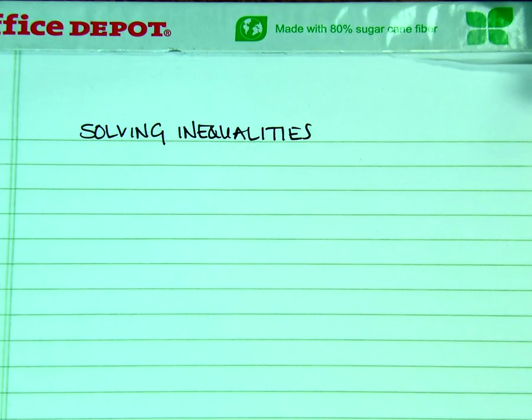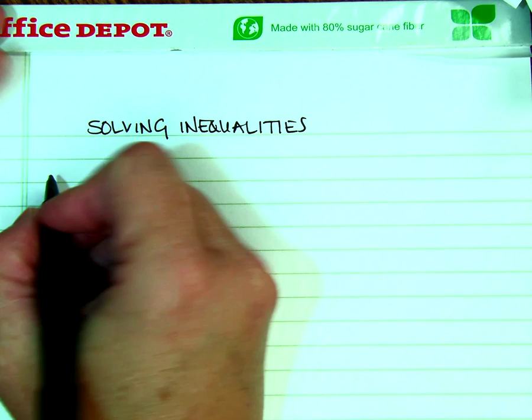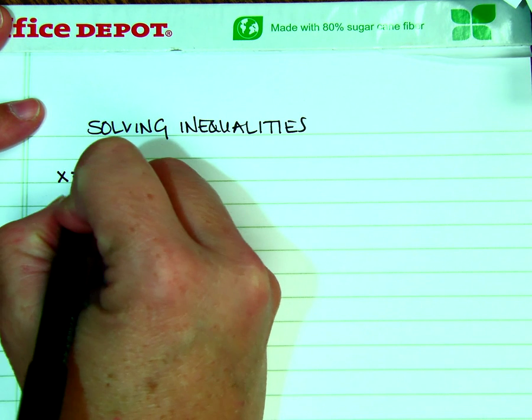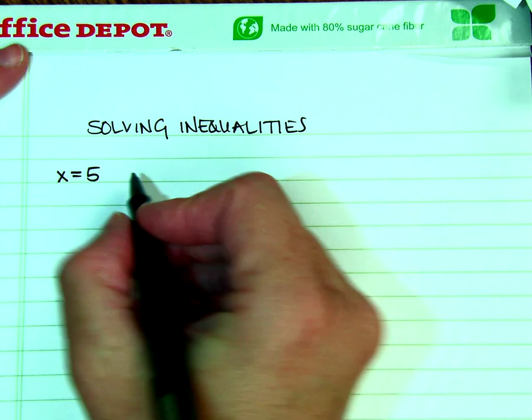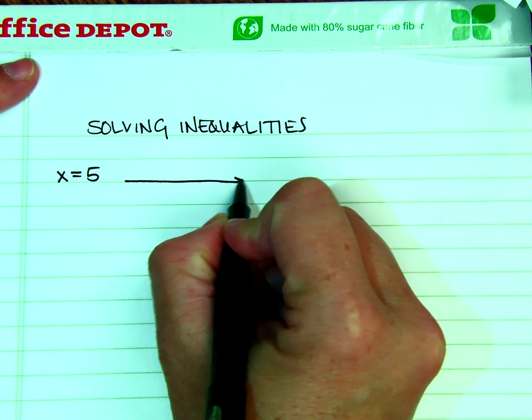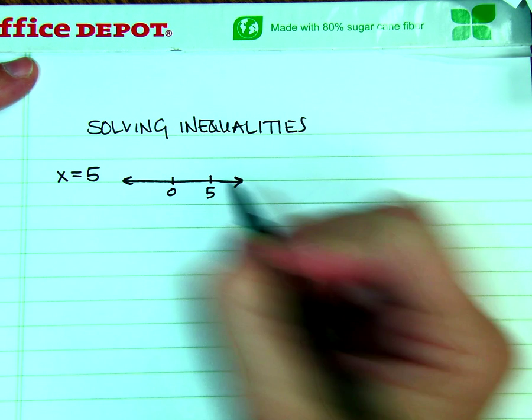Let's start off by talking about what we just did with solving equations. If you solved an equation and ended up with x equals 5, one thing we did not do is graph it. So if we pick a number line, always show 0 and then also the number that you are going to be graphing.